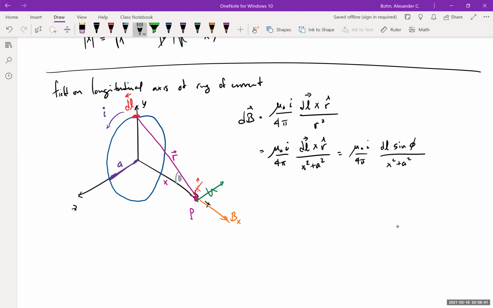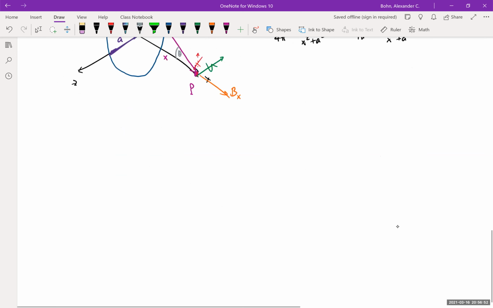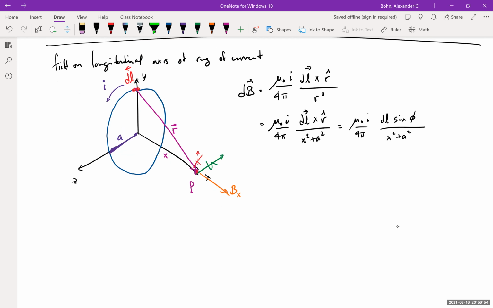That's the angle between r and, I don't know, x, the i hat direction. I think it's 90 degrees.